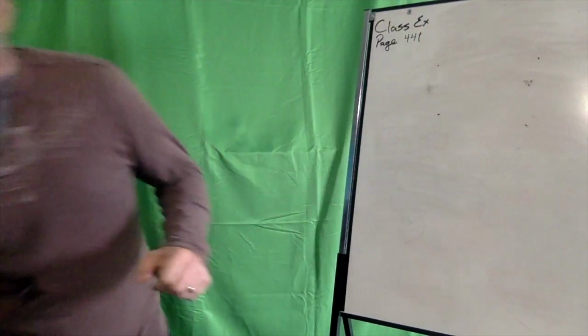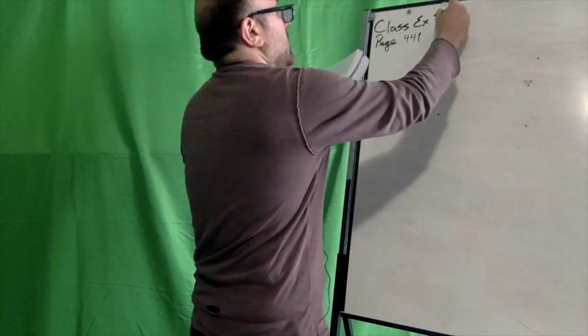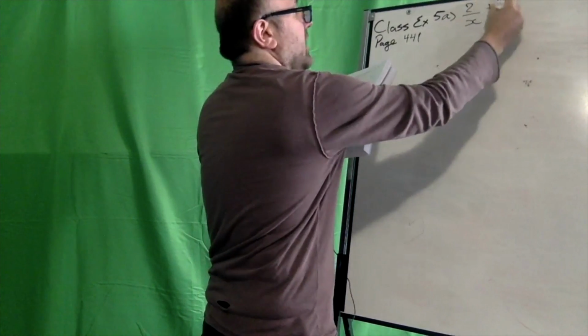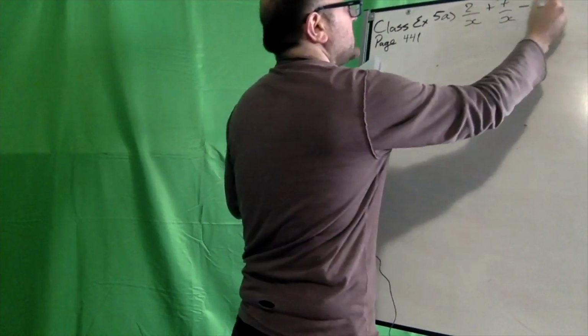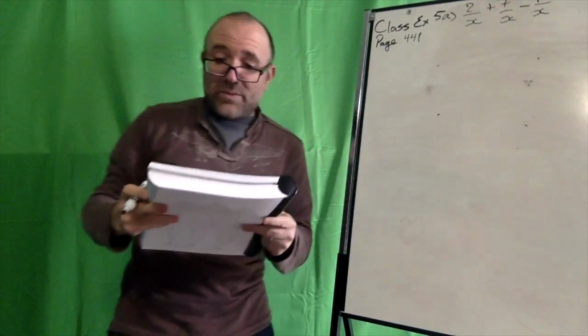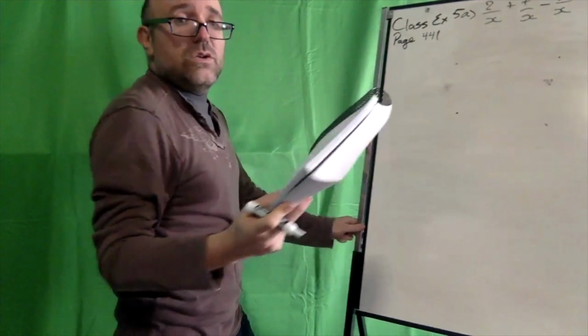Example 5, A: 2 over x plus 7 over x minus 1 over x. Simplify, express answers in lowest terms, and indicate non-permissible values as restrictions on the variable. So that's what they want us to do here.